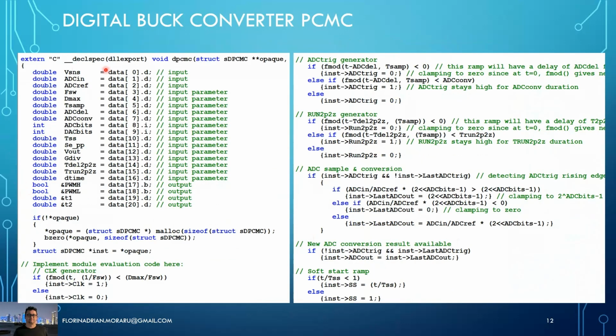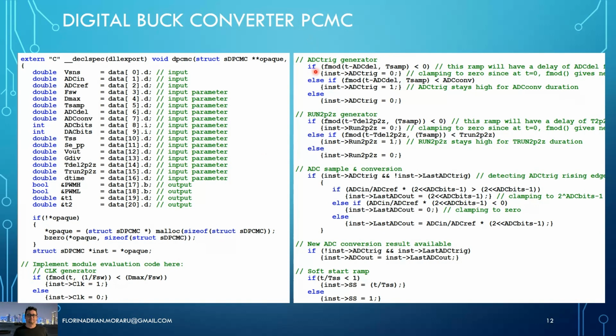And here the definition of the data types, and whether it is an input or output parameter. And starting here, we will have our code. So we will have a clock generator. Remember what I said, the oscillator would be part of the PWM module or peripheral inside the MCU. So we emulate this with the clock generator.